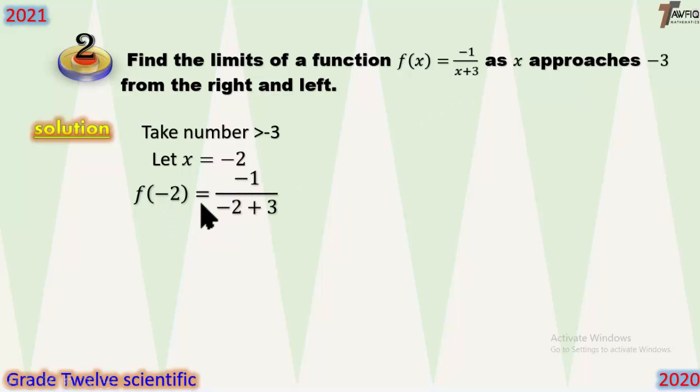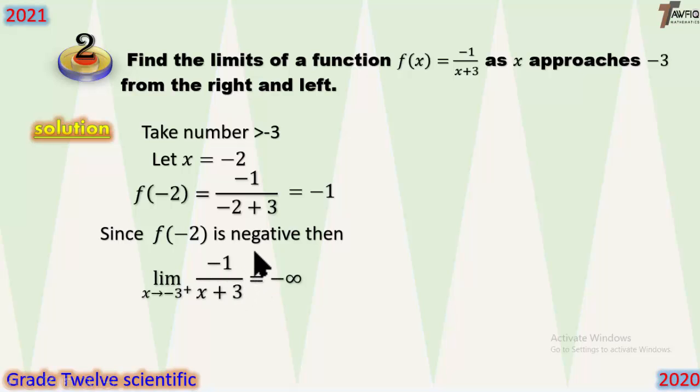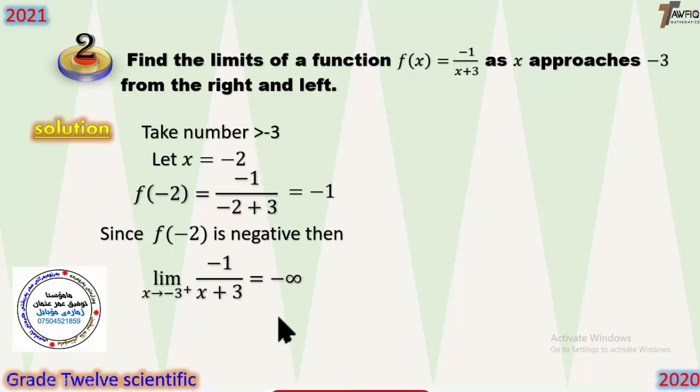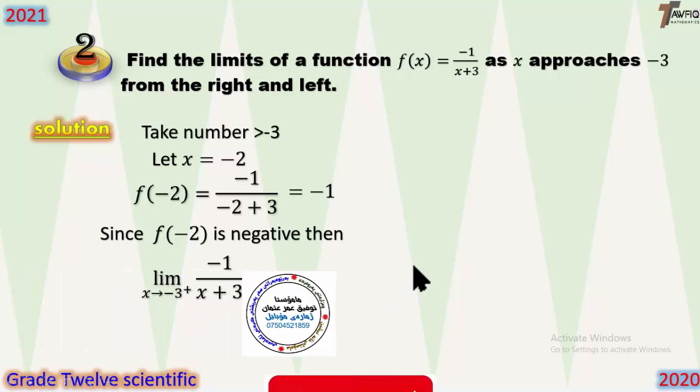Then f of minus 2 is equal to minus 1 over (minus 2 plus 3), which equals minus 1. It's less than 0, then it is negative. Then the limit as x approaches minus 3 from the right of minus 1 over (x plus 3) is minus infinity, because here is a minus.